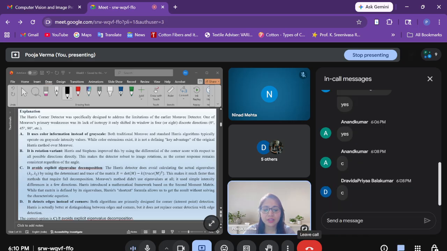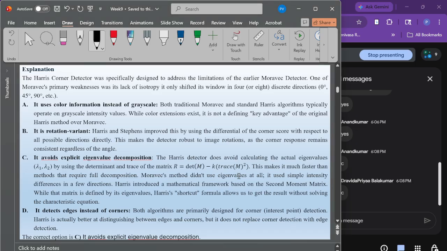Our next option is option C, it avoids explicit eigenvalue decomposition. The Harris corner detector does avoid calculating the actual eigenvalues lambda 1 and lambda 2 by using the determinant and trace of the matrix, defined by this equation. That makes it much easier than methods that require full decomposition.